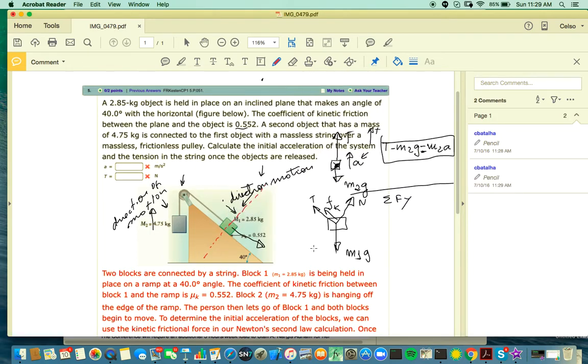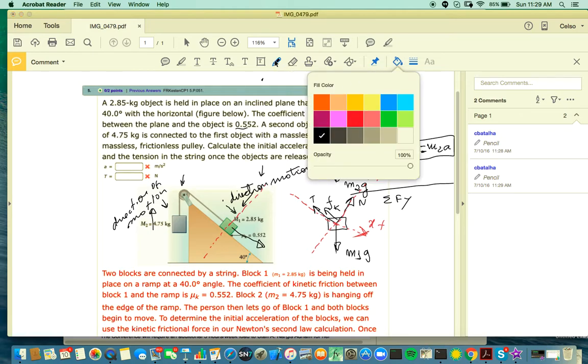Here's my y-axis, positive. And here's my x-axis, positive. Okay. Go back now to black.